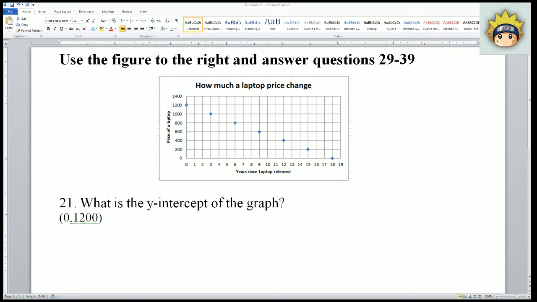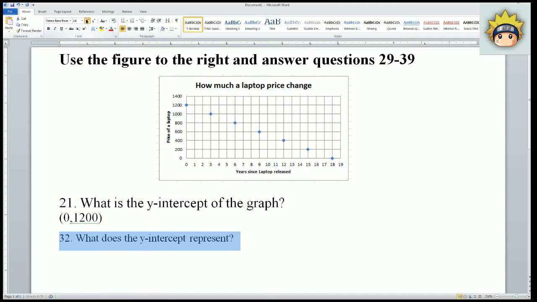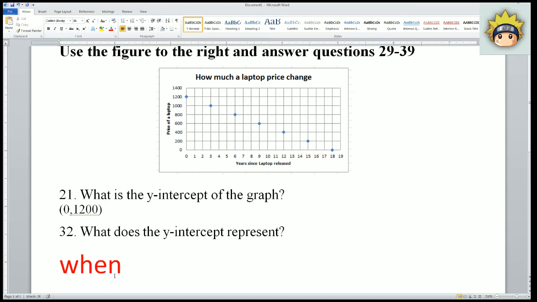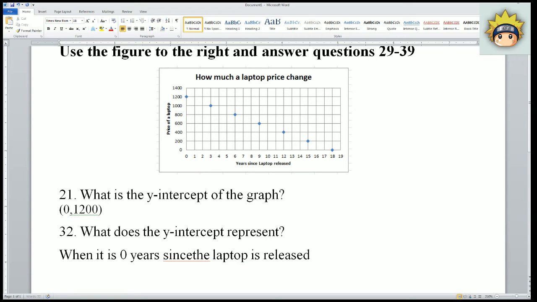Good? Next, it asks, what does the y-intercept represent? Again, we follow the same format as before. When it is 0 years since the laptop is released, remember, this is the independent variable.